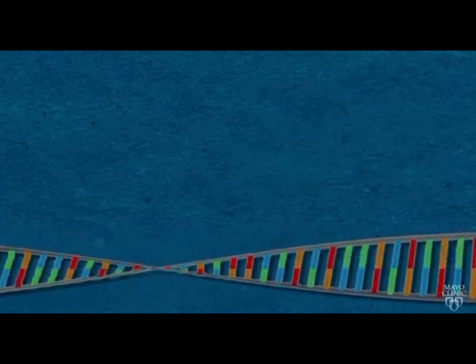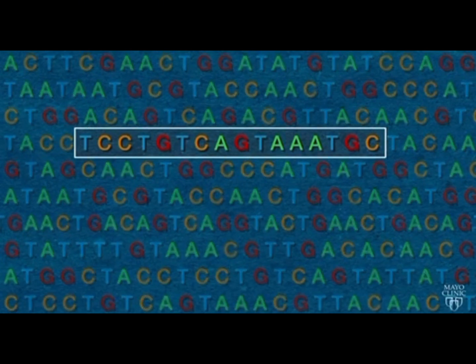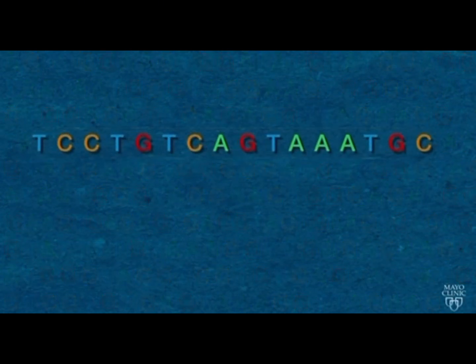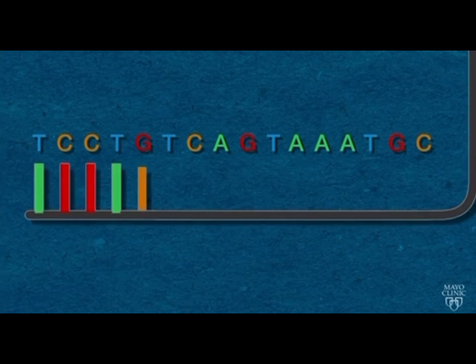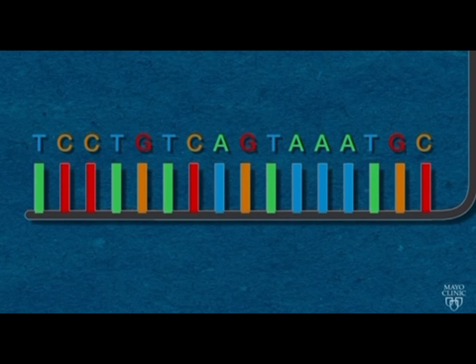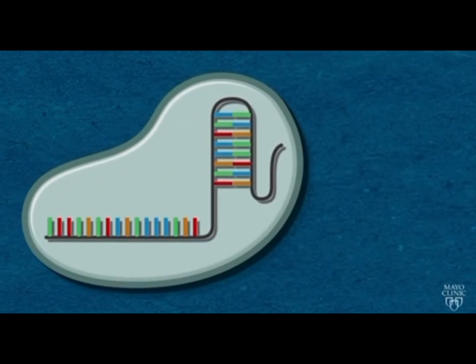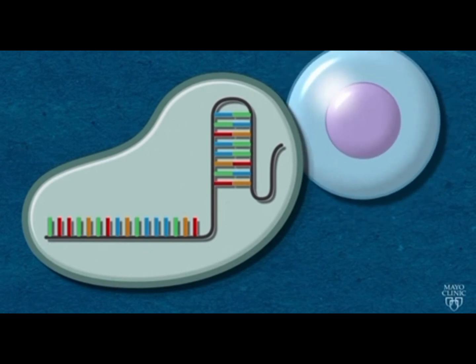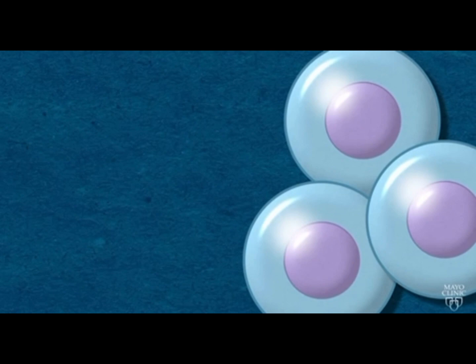To use CRISPR-Cas9, scientists first identify the sequence of the human genome that's causing a health problem. Then they create a specific guide RNA to recognize that particular stretch of A's, T's, G's, and C's in the DNA. The guide RNA is attached to the DNA cutting enzyme Cas9, and then this complex is introduced to the target cells.